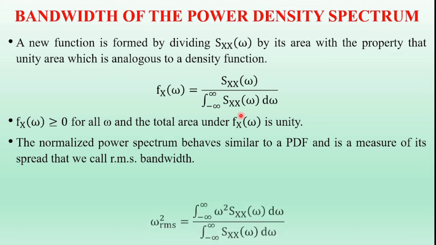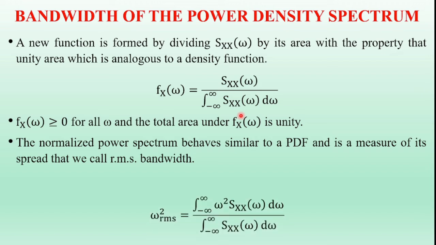So the RMS bandwidth expression: omega square of RMS is equal to integral minus infinity to infinity omega square Sxx of omega d omega divided by area enclosed by the power spectral density. So this is the RMS bandwidth expression.